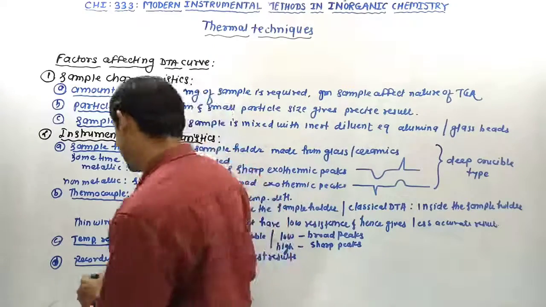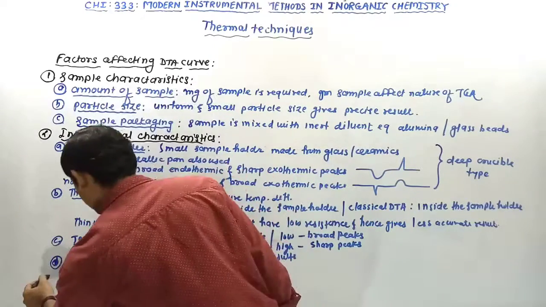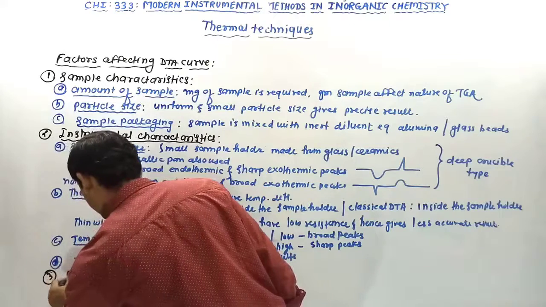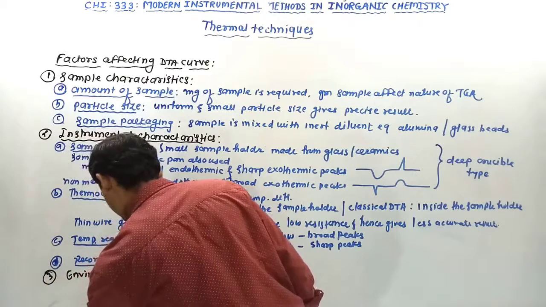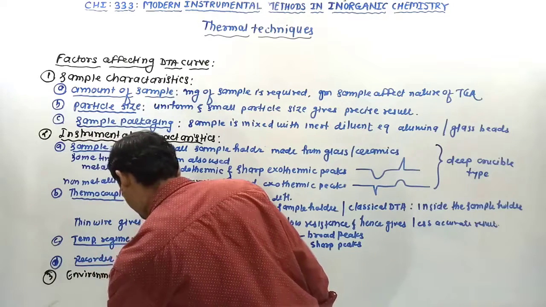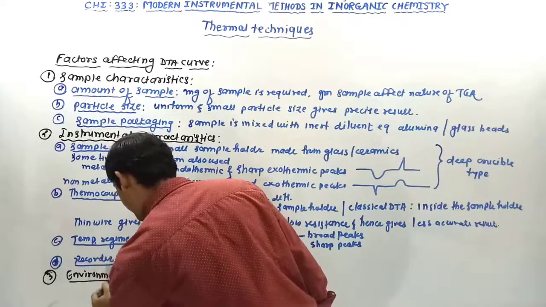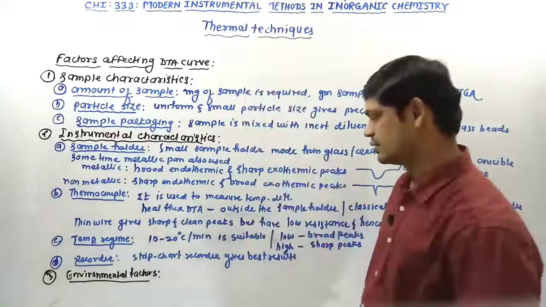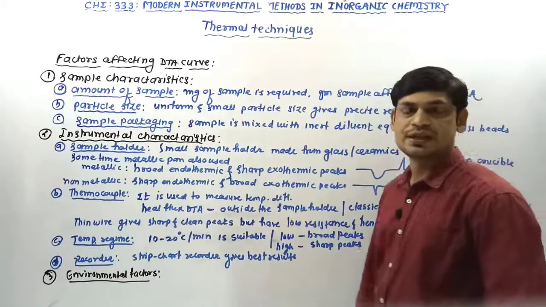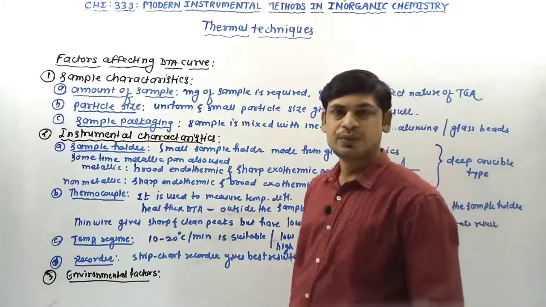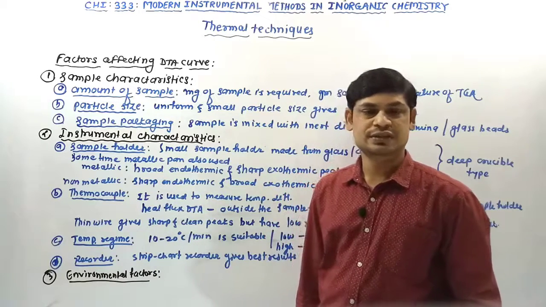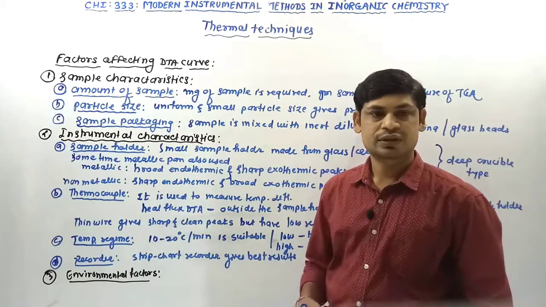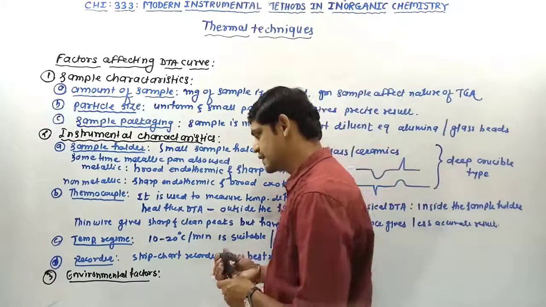So our third part of discussion is the environmental factor. Two provisions are here. One is the dynamic air and second is the static air. First of all, we will discuss the static air.